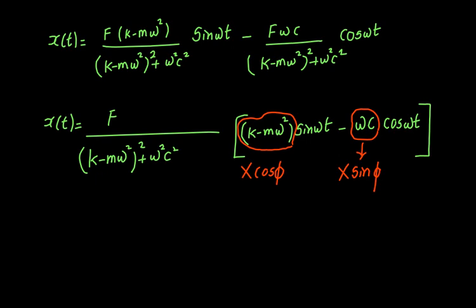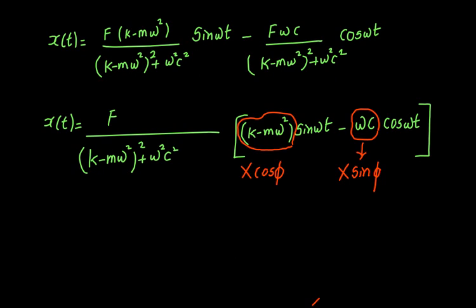Well, you can do that because K is just a number, stiffness is just a number, mass is just a number, omega is just a number. You are going to end up with a number, and any number, let it be 5 or 13 or 16, whatever it be, can be written as a product of cos of some angle into some number, a product of two numbers, that's it.